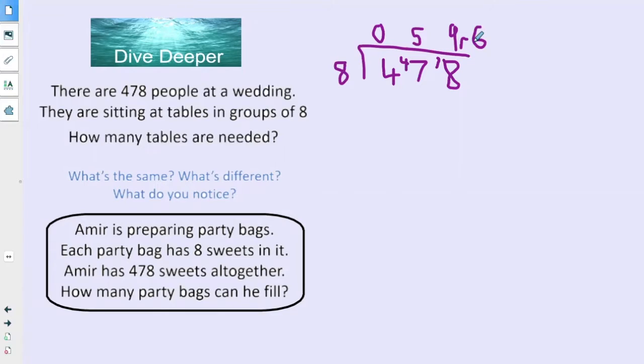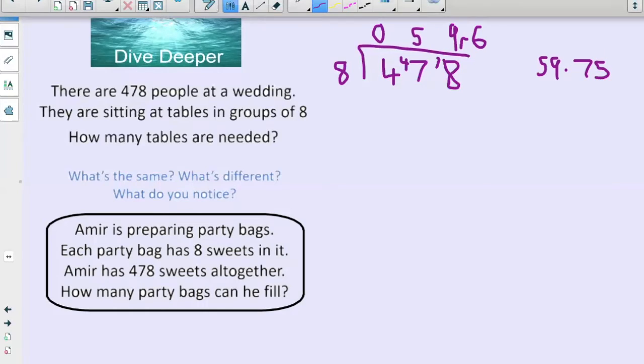Okay, so some of you might have got 59 remainder 6, and some of you may have converted the remainder to a decimal. So if you got 59.75, you would also have been correct.